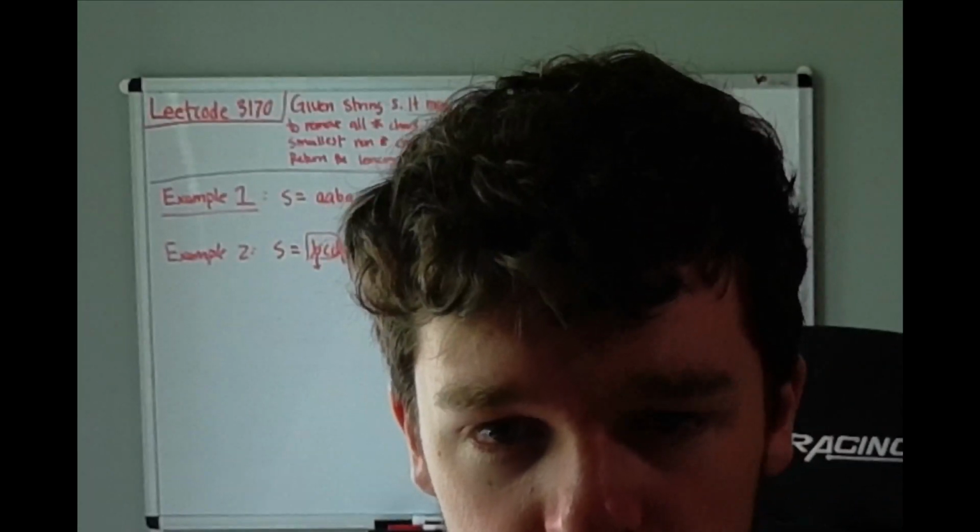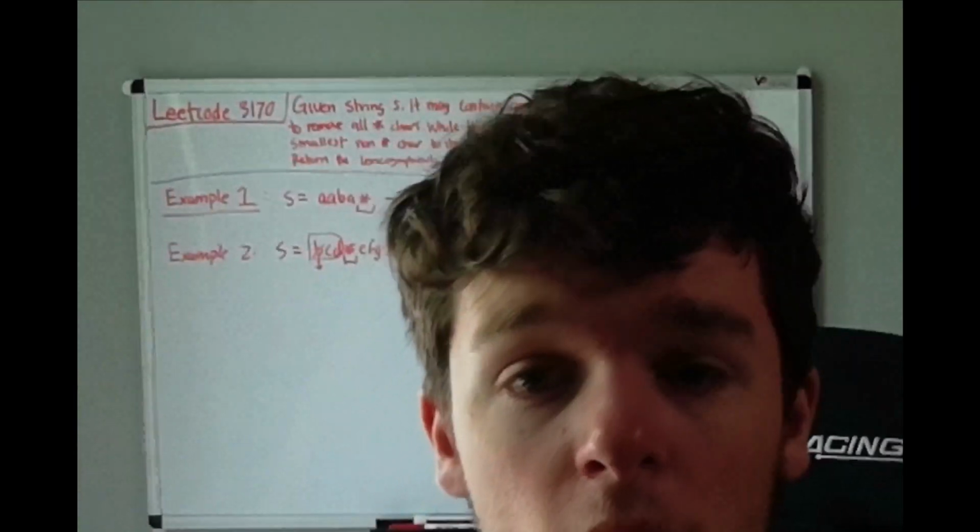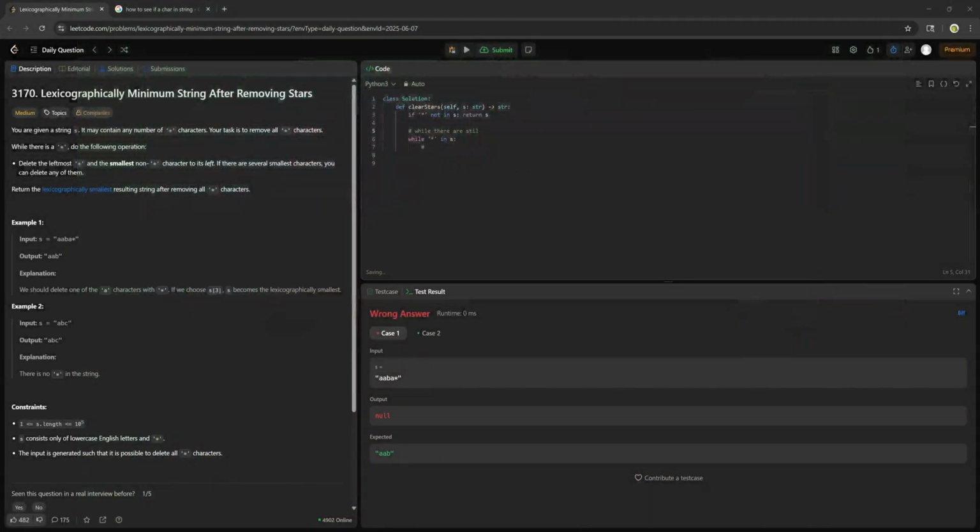Maybe we should comment first what we want to do to make it easier to read. So I think this is easy to understand, but just in case. While there are still stars in the string, the first thing we want to do is find the leftmost star.